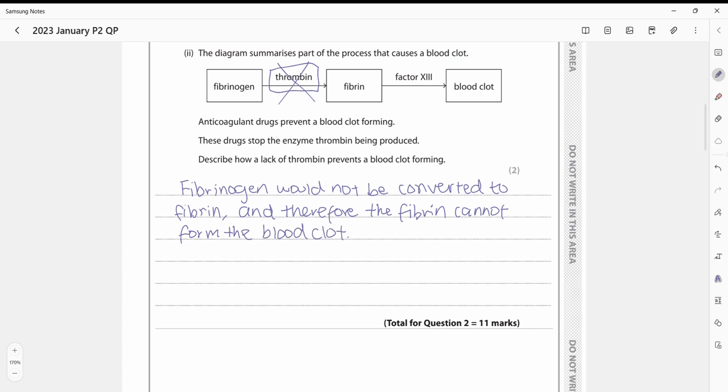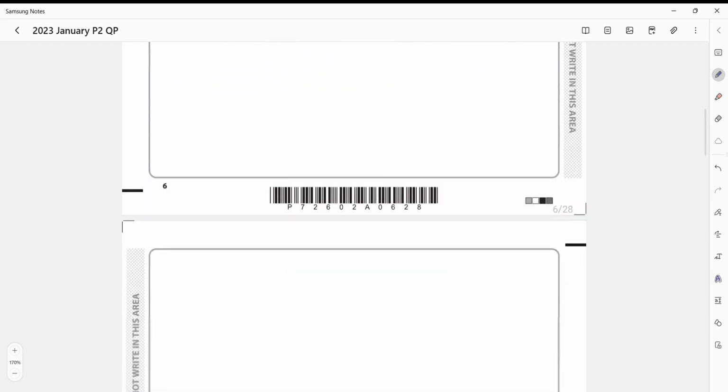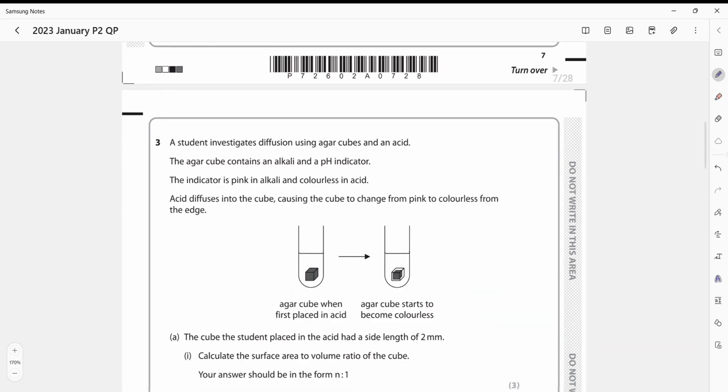Okay, so those are the 2 marks. Let's move on to question 3.